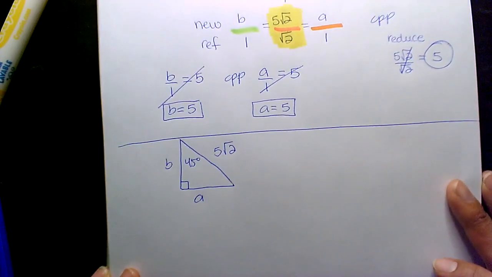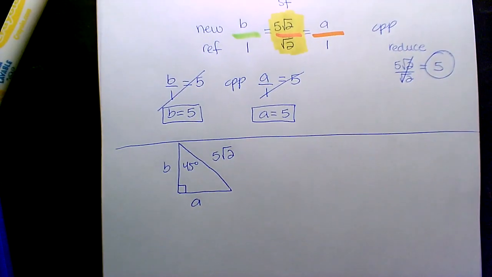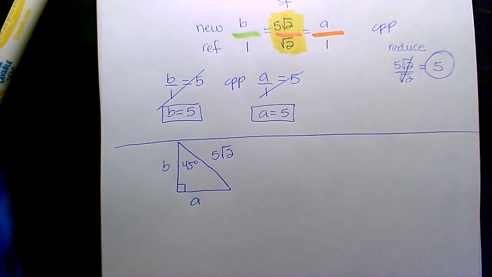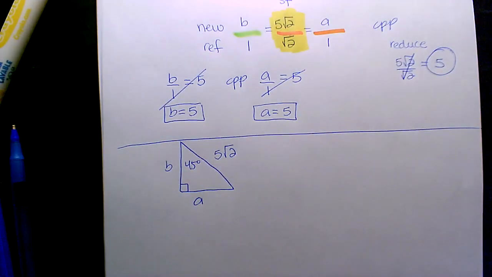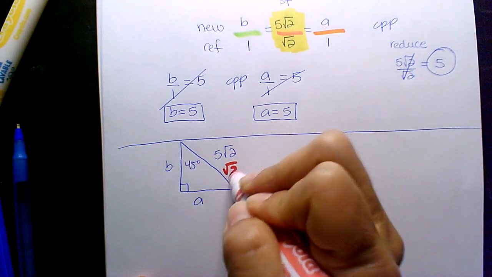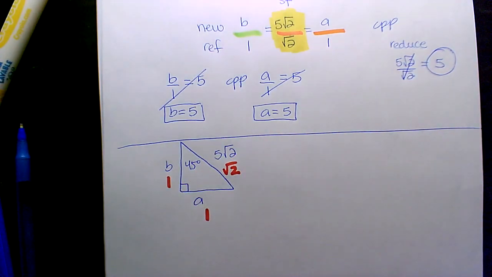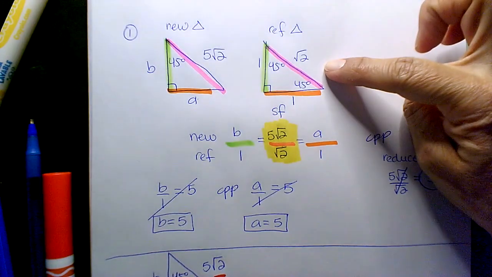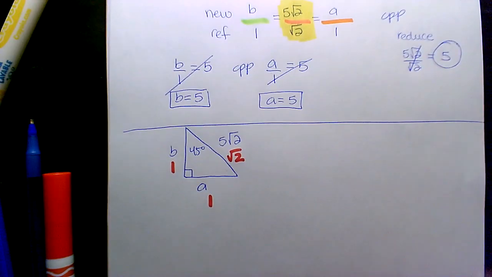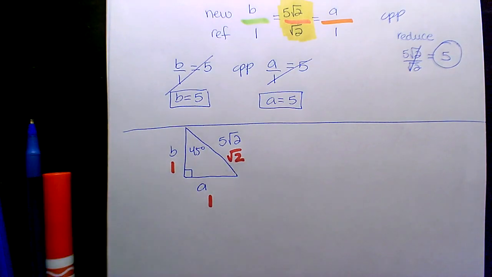We're still going to set up our cross product property, but it's kind of cleaned up. It's more set up in the multiplication aspect. Okay, so here we go. If this is your given triangle, number 1 all over again, you recognize it's a 45, 45, 90 triangle. Now I come in with a red marker because everything's in blue ink. My hypotenuse is rad 2, and my legs are 1, 1. So I don't draw a secondary triangle. I label with the given triangle. Which is my scale factor?